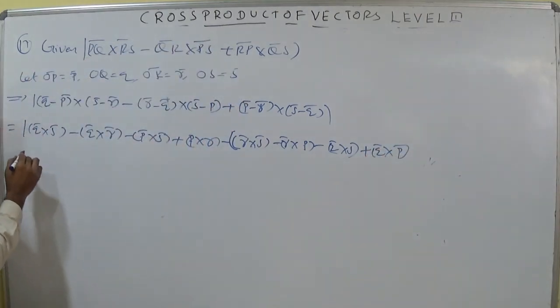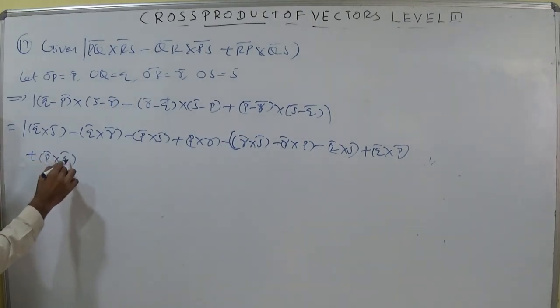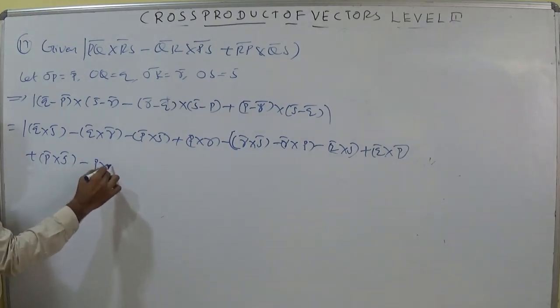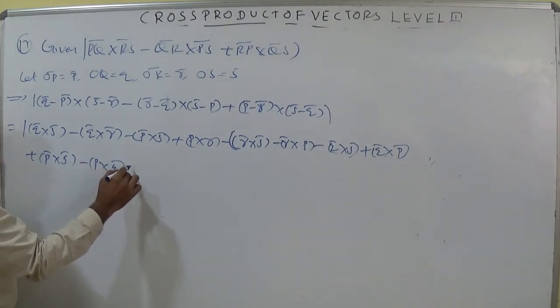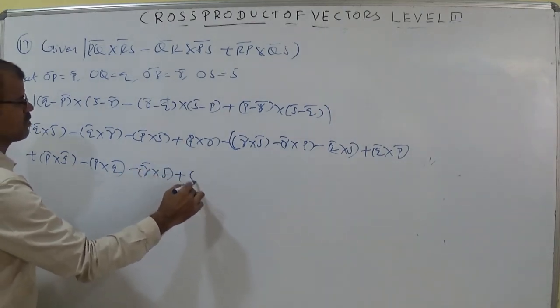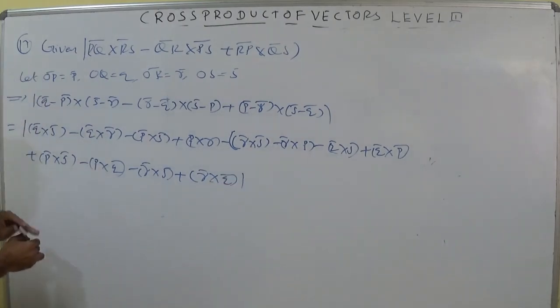Next let us write P cross S, minus P cross Q, minus R cross S, minus of minus plus R cross Q. This is the total expression.